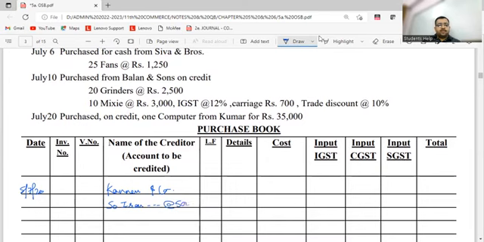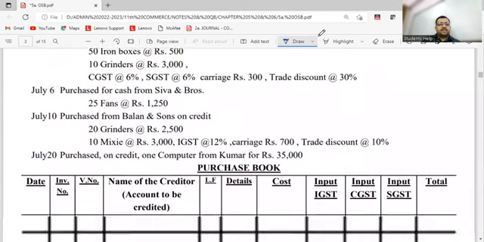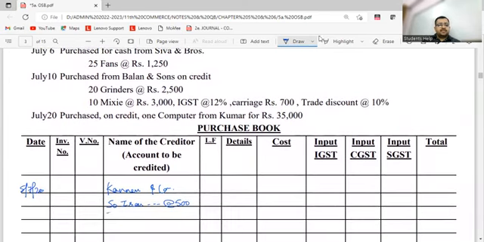Please write it properly. And then what we are buying next? 10 grinders at the rate of 3,000. 50 into 500 is 25,000, and 10 into 3,000 is 30,000. 55,000 would be the total, if I'm not wrong.